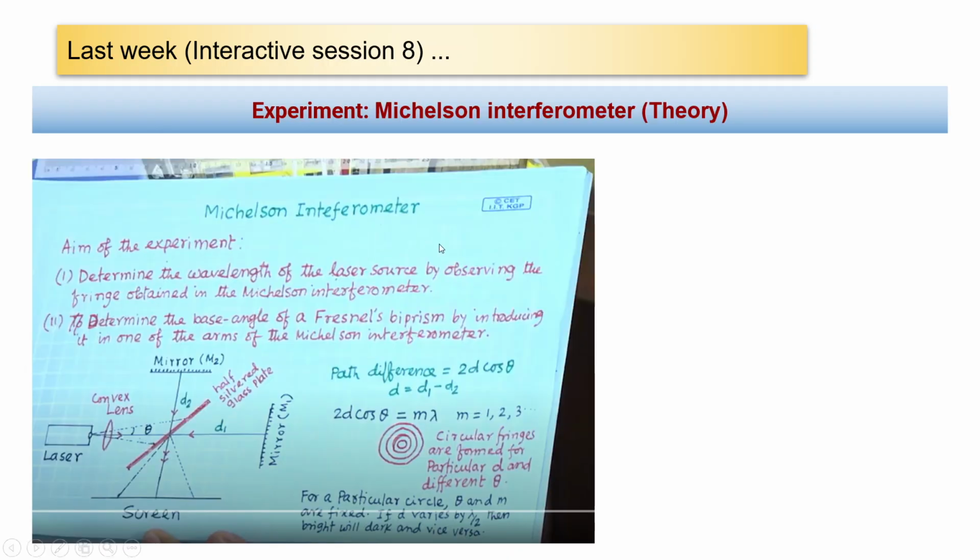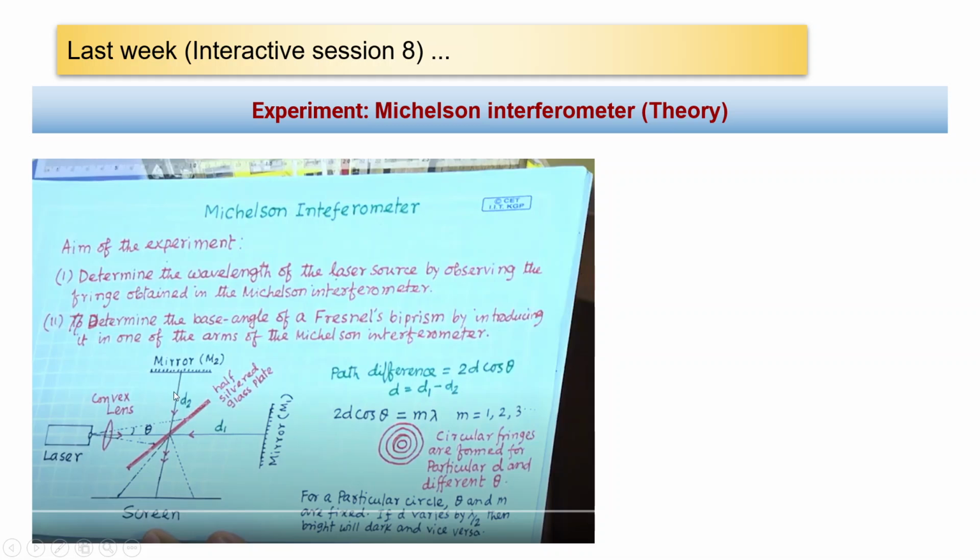Then we also discussed the Michelson interferometer, where we used two mirrors, and the interference pattern that we get is again in ring form. We had a source, and it reflects from this half silvered glass plate to one side to a mirror, and the remaining part of the light passes through and reflects back from another mirror.